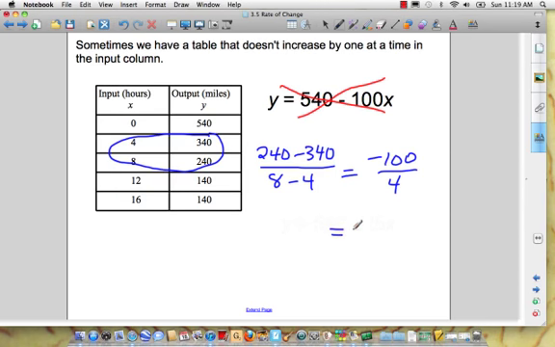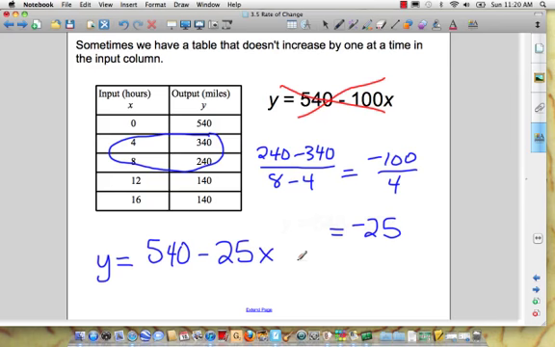You divide that out, and what you discover is the rate of change here is negative 25. Each hour, the miles decrease by 25. So for every 4 hours, it makes sense that they decrease 100. So the correct equation to model this chart is y equals 540 minus 25x. That's where we're starting, and then we're decreasing at a rate of 25 miles with each hour.